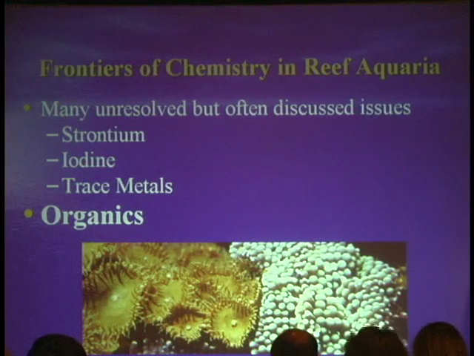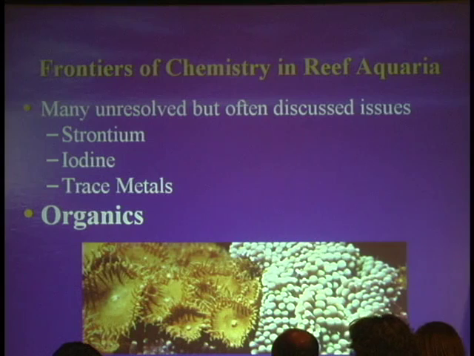The trace metals will be very strongly bound by organics in the water. And I'm going to talk about organics themselves in just a minute. But iron, for example, is totally not available to organisms when it's bound in some organics, like EDTA, and it's readily available when it's bound in other sorts of organics.